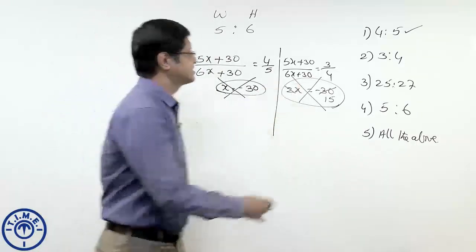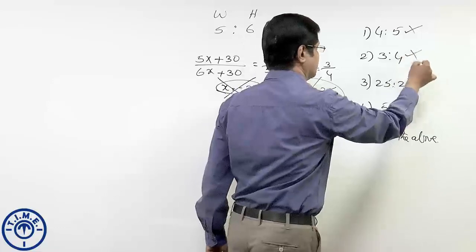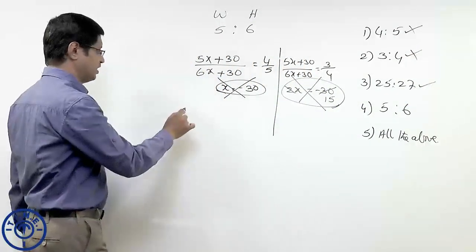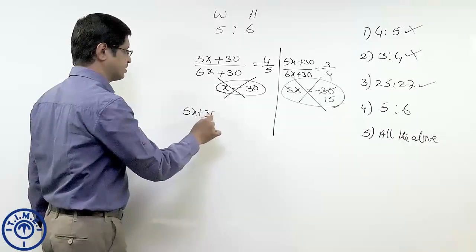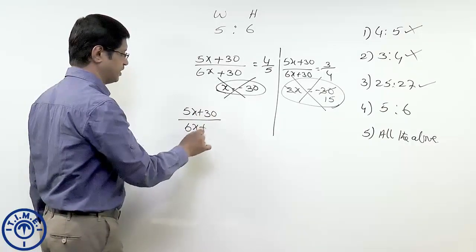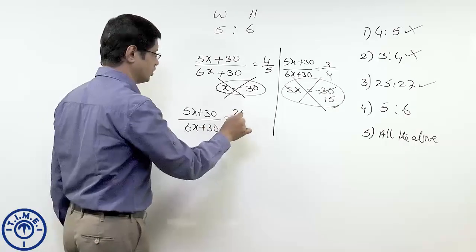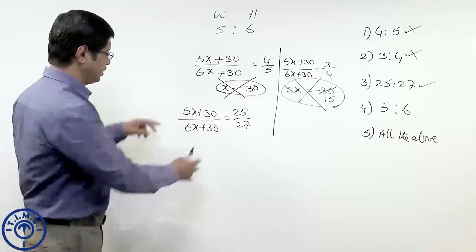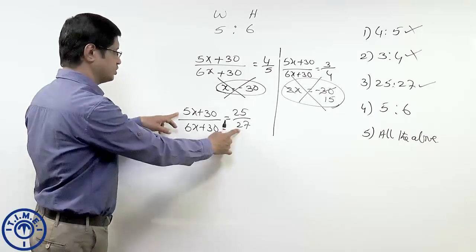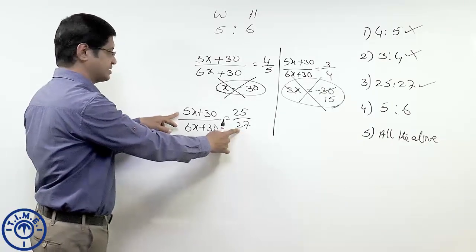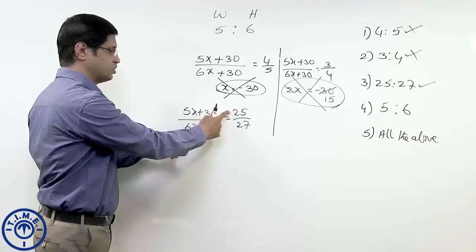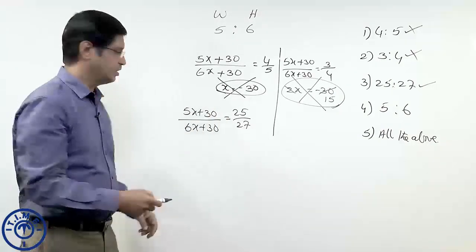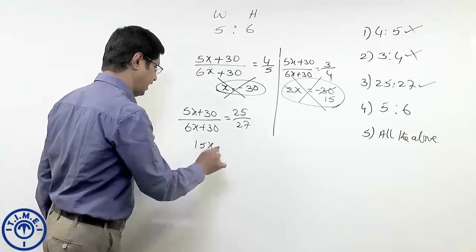Now look at the third option. Option number 3 is 25:27. Now what is the answer here? 5x plus 30 and 6x plus 30 are now equated to 25/27. Now simplify, friends. What is the product of these two? The product of these two is 135x, whereas the product of these two is equal to 150. The difference between 150 and 135 is 15x.